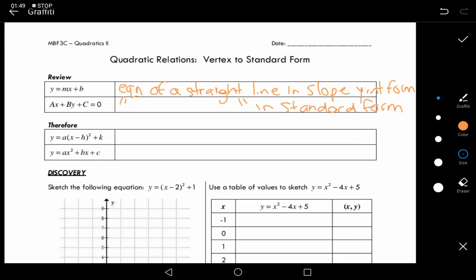So what we focused on in the last unit in our quadratics part 1 was this vertex form. So this equation is vertex form of a quadratic relation.